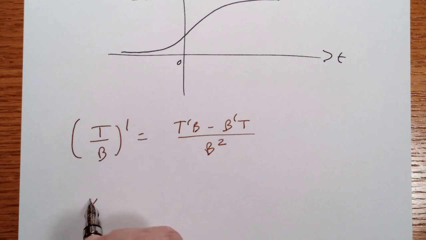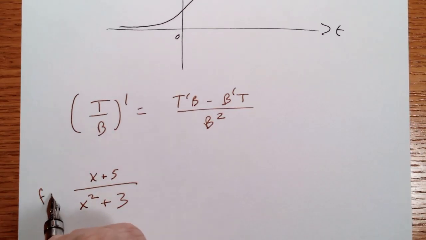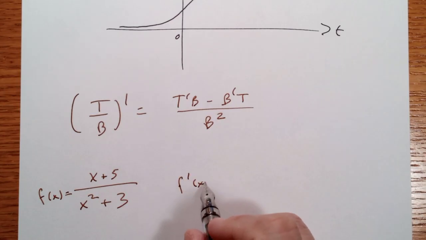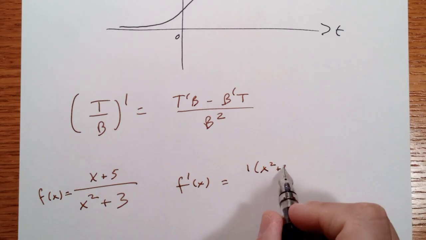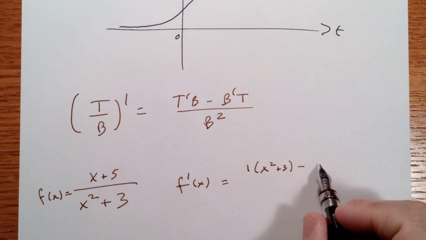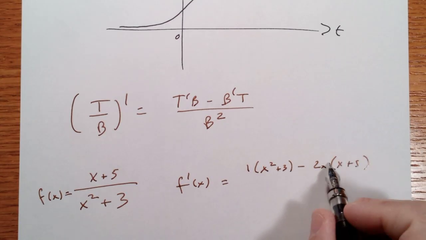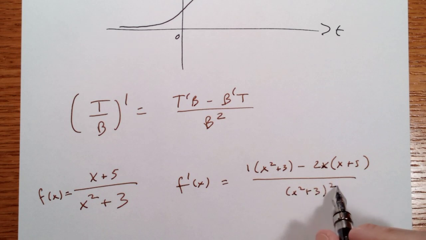Let's take a quotient. If I want the derivative of this, by the quotient rule, derivative of the top times the bottom minus derivative of the bottom times the top, all over the bottom squared.